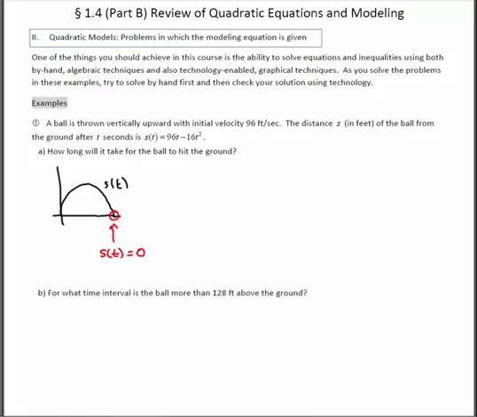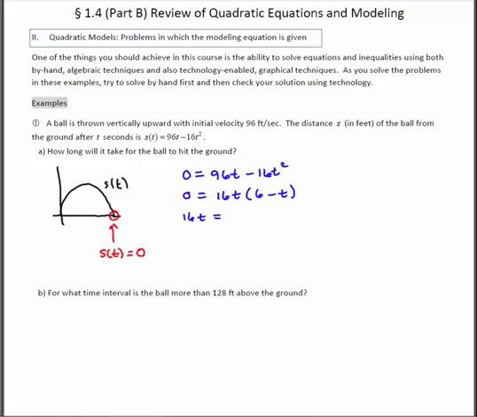So if I plug 0 in for s of t in my original equation, I can figure out the time that this occurs. Let's do that now. 0 equals 96t minus 16t squared. And I believe I'm going to be able to solve this one by factoring. I can factor out a 16 and a t. That gives me 6 minus t.